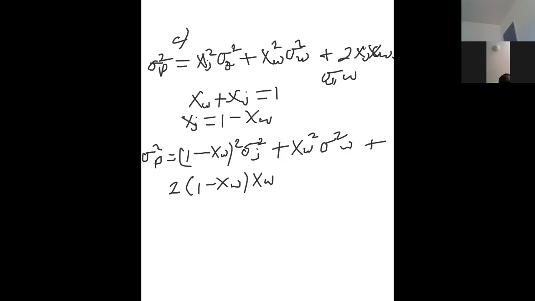If you like, you can also expand this and say that the covariance between J and W is the same as the correlation between J and W multiplied by the standard deviation of J and the standard deviation of W. Up to this point, are we all okay?